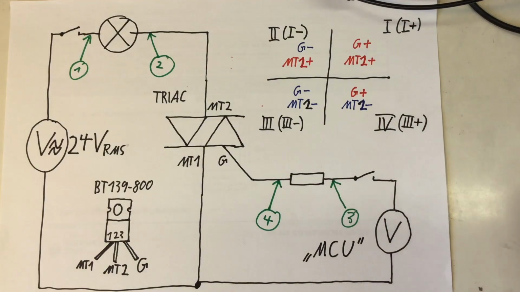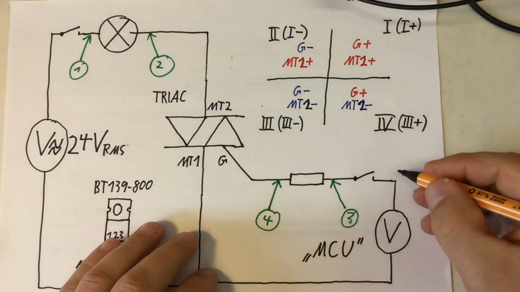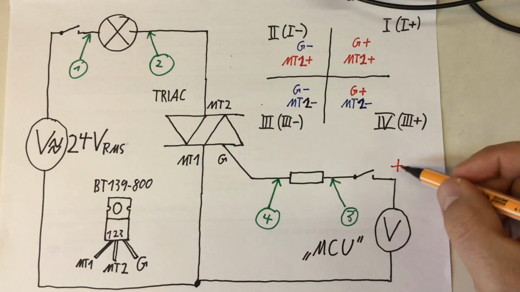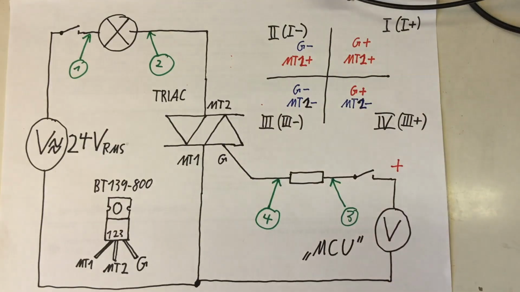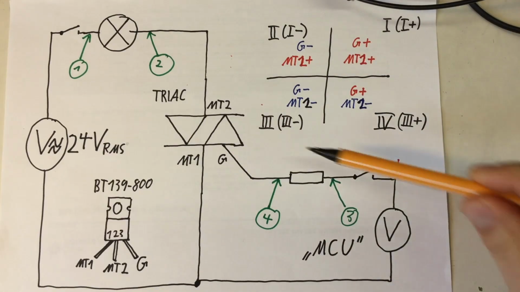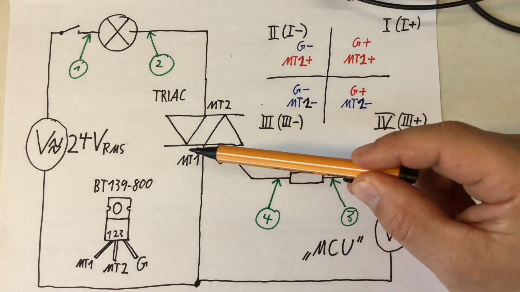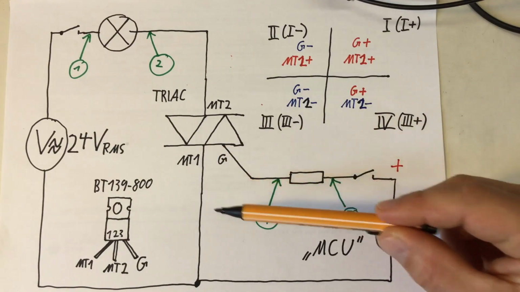Currently I have the positive binding post up here supplying the gate. So the gate is positive, always positive, in relation to the main terminal 1.